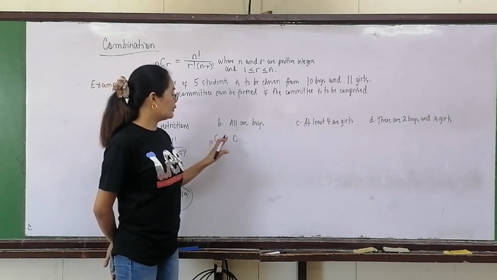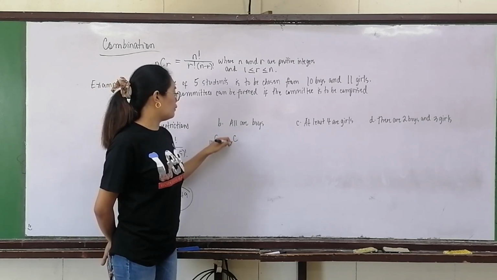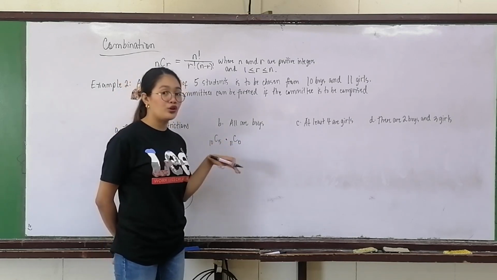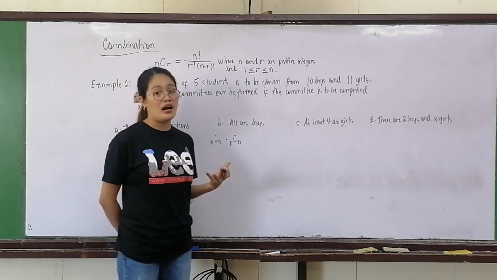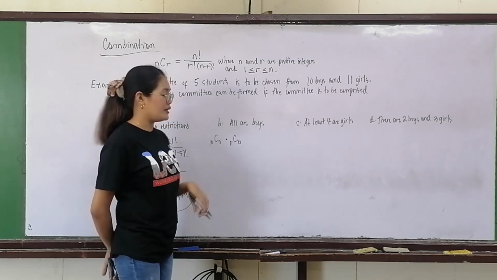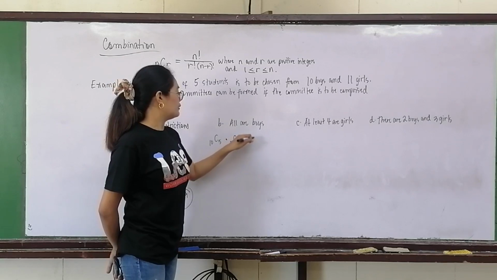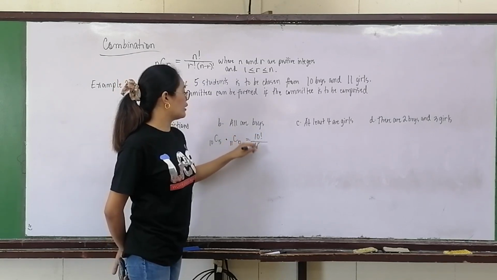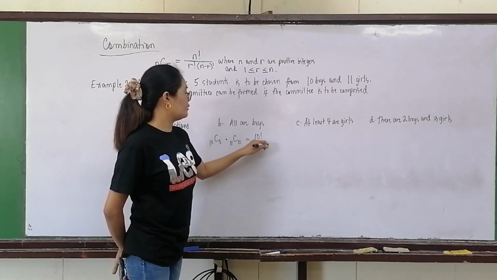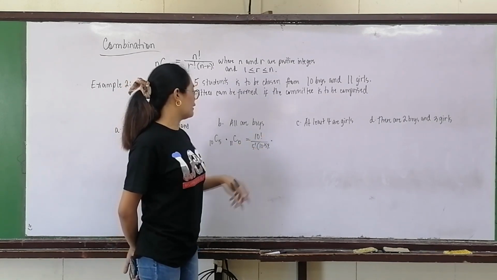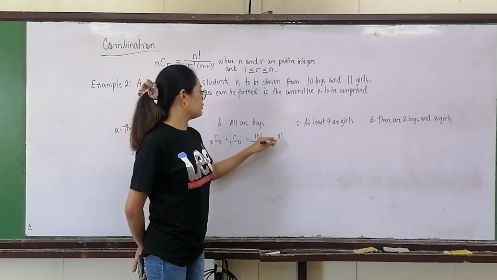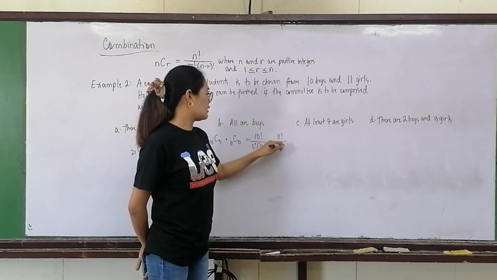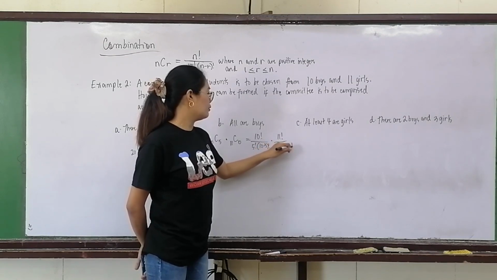Then multiply it by the combination of 11 taken 0, because there will be no girl to be chosen out of the 11, since only boys. With this, we have 10 factorial over 5 factorial times 10 minus 5 factorial, multiplied by 11 factorial over 0 factorial times 11 minus 0 factorial.